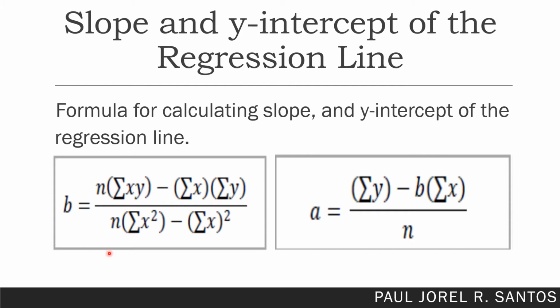And that is for b. For a, we have the summation of y minus b times the summation of x, all over n. So to obtain a, we must first find the value of b, because we need the value of b to obtain the value of a.